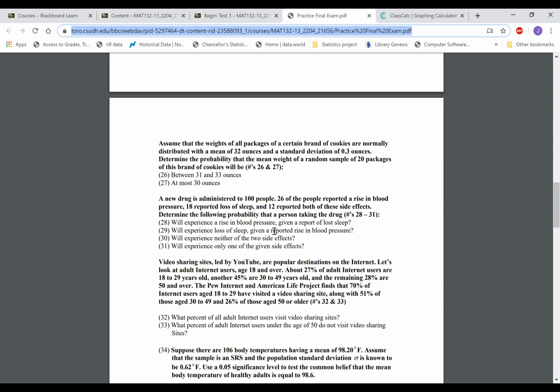The next thing they give us, they tell us 18 reported loss of sleep. And then they tell us 12 reported both of these side effects.